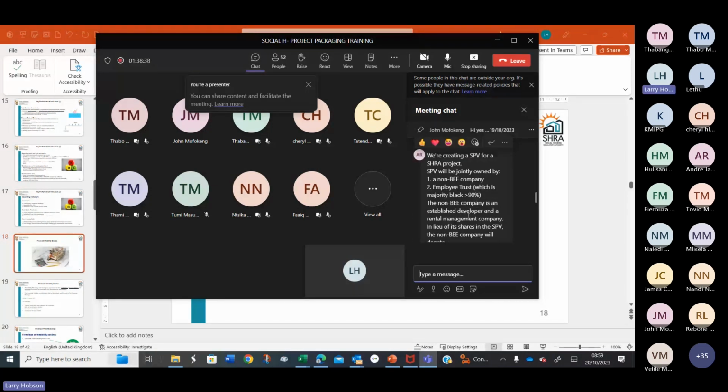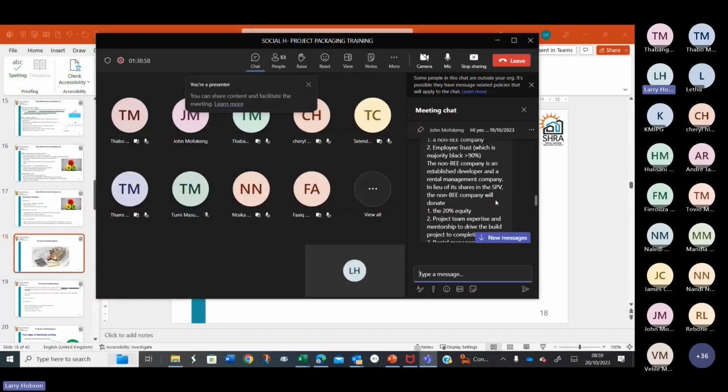This looks at Andre's question. Creating an SPV for a SHRA project will be jointly owned by a non-BE company and an employee trust, majority black, over 90%. The non-BE company is an established developer and a rental management company.